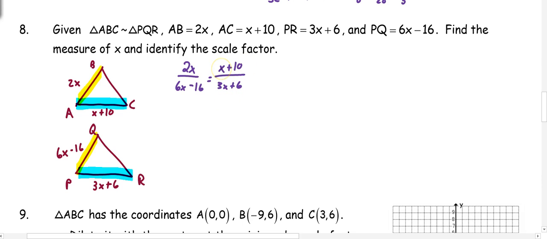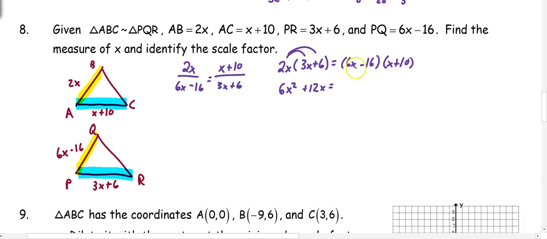When we go to cross multiply, we get 2x times 3x plus 6 and 6x minus 16 times x plus 10. On the left-hand side, I'm going to distribute the 2x to both terms, and I get 6x squared plus 12x equals, and I'm going to distribute over here, so 6x times x is 6x squared. 6x times 10 is 60x.